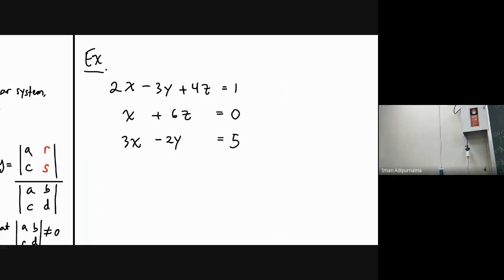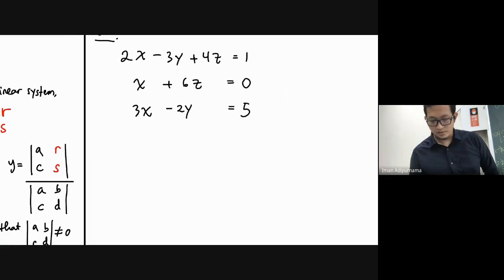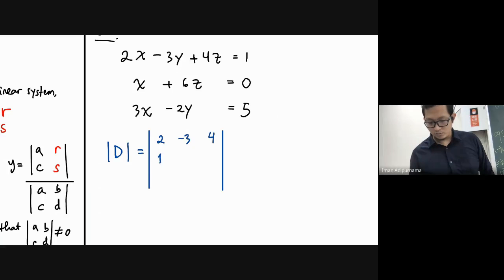First, we can find the determinant, only the D, and then we can find the D x, D y, and D z. So first, we are going to look at D as in the general equations. So let me write this as 2, -3, 4, and 1, 6, 0, 3, -2, 0.